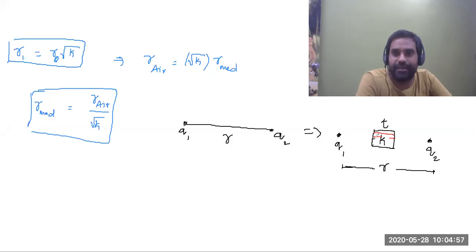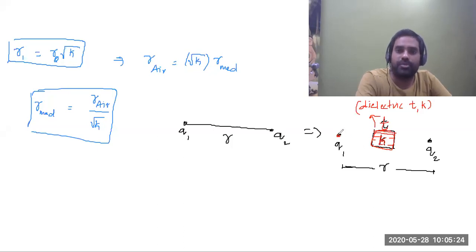This is a medium having dielectric constant K and thickness T. I hope you understood what I am doing here. A dielectric is introduced. T is the thickness, K is the dielectric constant.